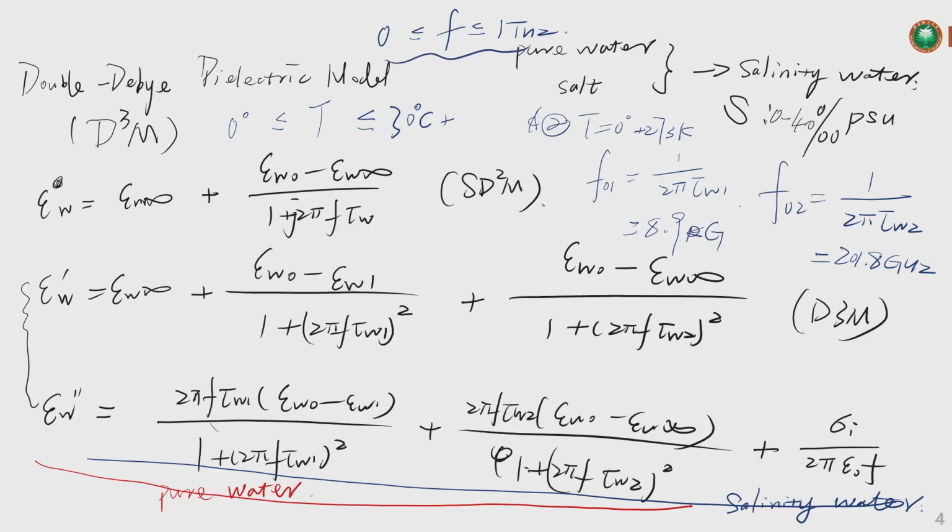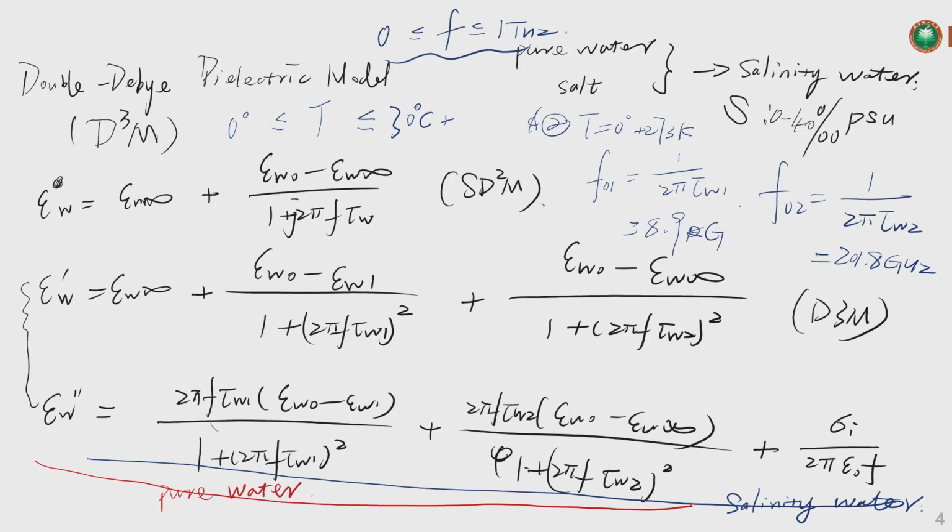We can also use these models to predict the dielectric properties of pure water or salinity water over the 1 terahertz range, but its dispersion with respect to the environment would be very large. So this is for the salinity water, and as we said, the temperature should be larger than or equal to 0.